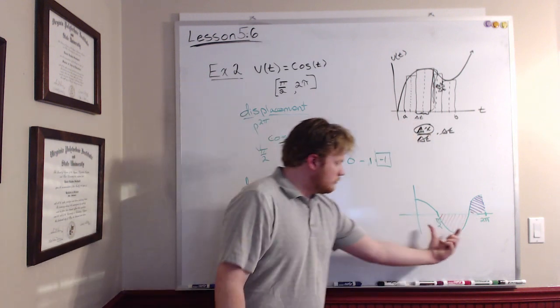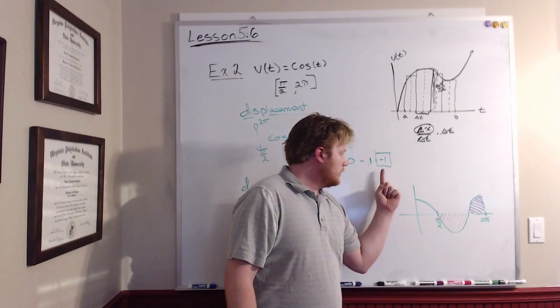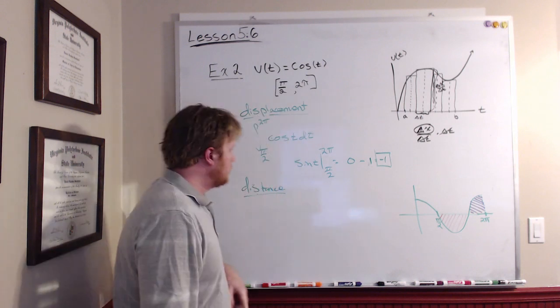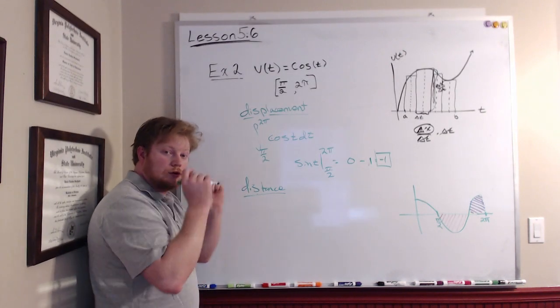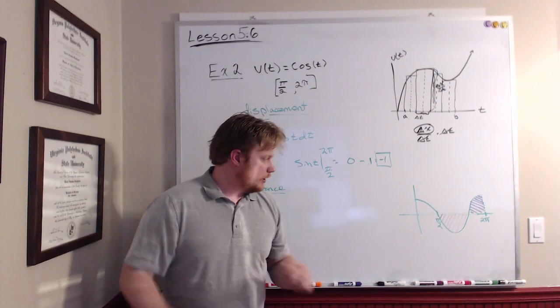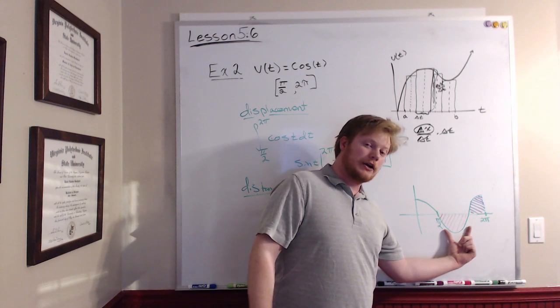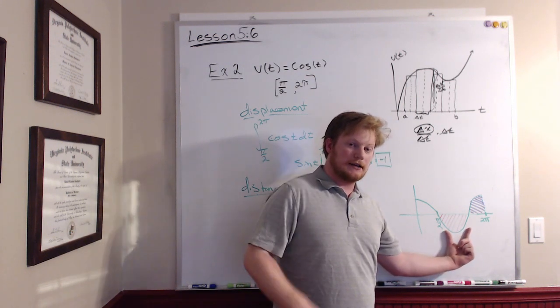And you can tell that there's more negative area than there is positive area, so it's reasonable that I expect a negative answer for displacement. But for distance, I want the total distance. Distance is always positive. So I want to know how much area this is. How far in the negative direction did I go? What was the magnitude of that?